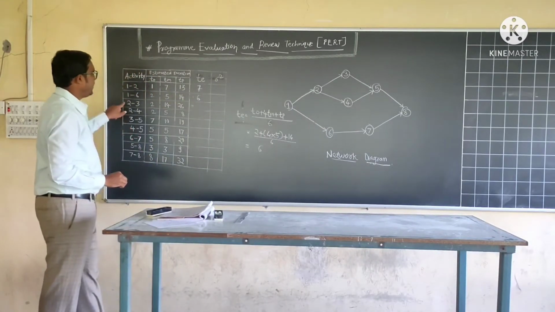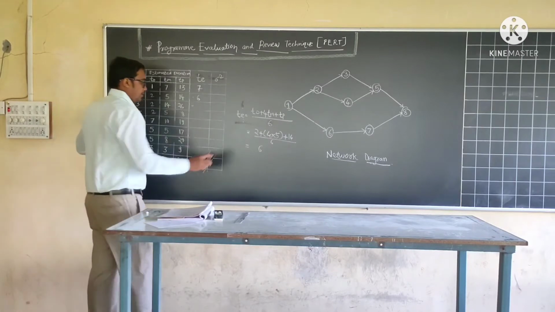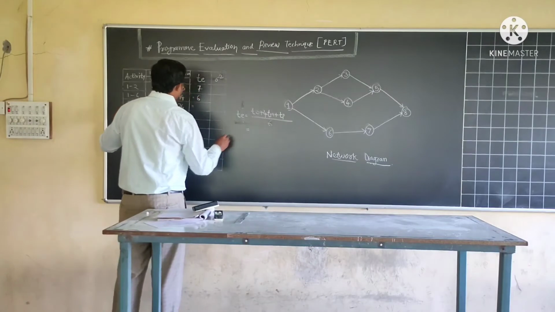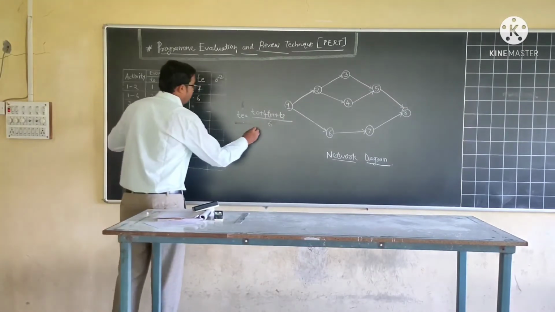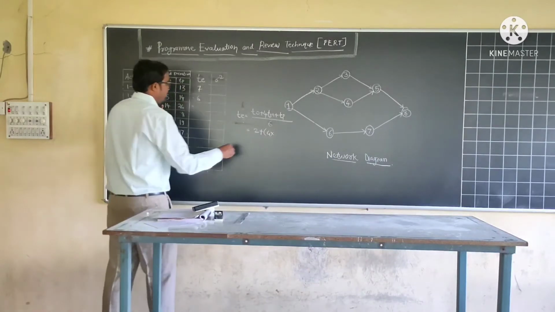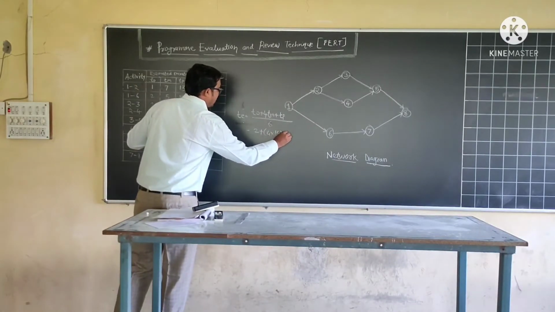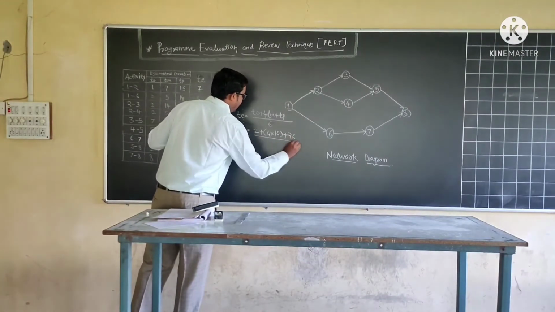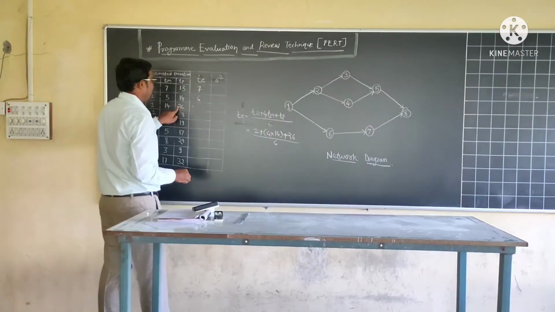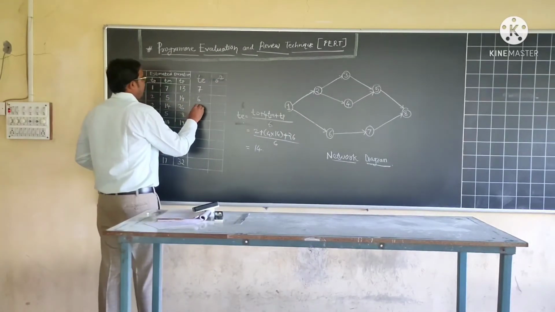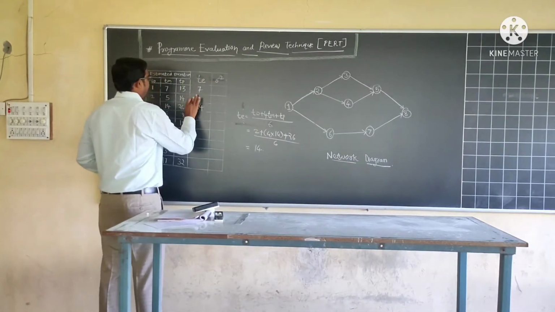Likewise for activity 2 to 3, use the same formula. TO is 2 plus 4 into TM, TM is 14, and TP is 26, divided by 6. The answer comes to 14, so we write down 14 here.